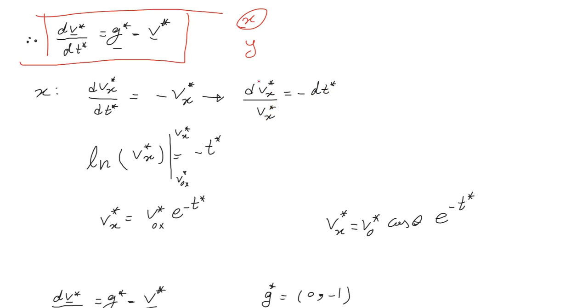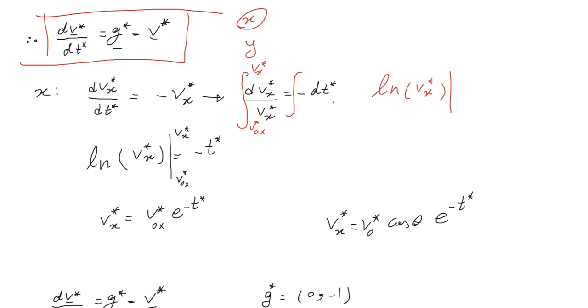Now, if we take the integral from both sides, we will have the natural logarithm of vx star equal to, okay, and the bounds are from v0x, the initial velocity in the x direction, not dimensionless, until now, which is vx.